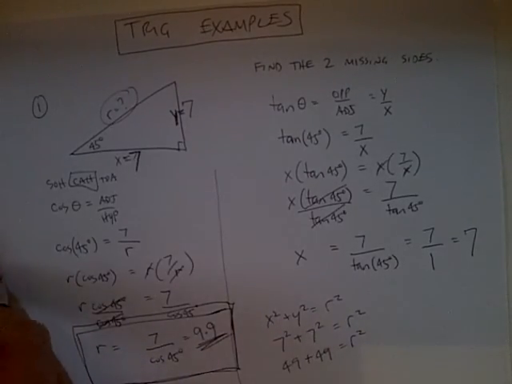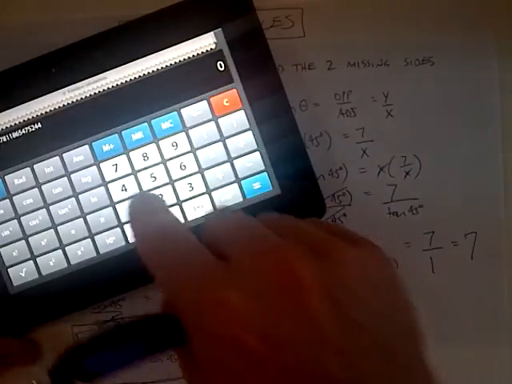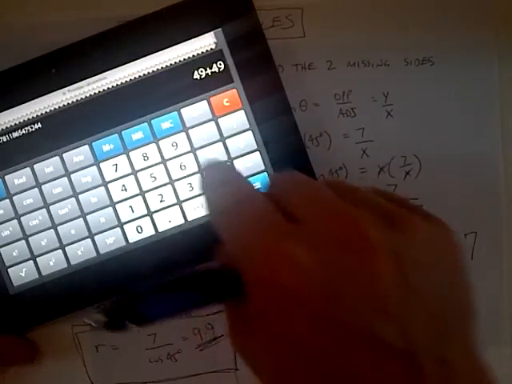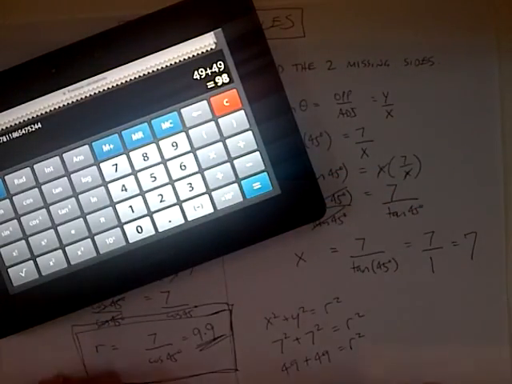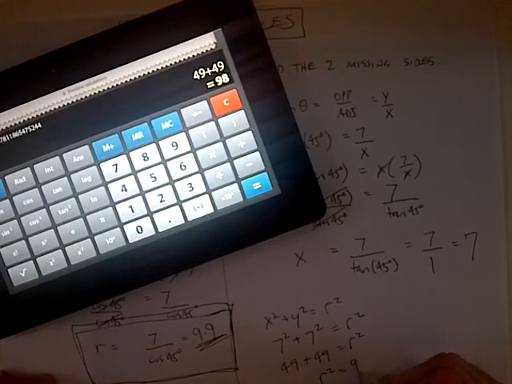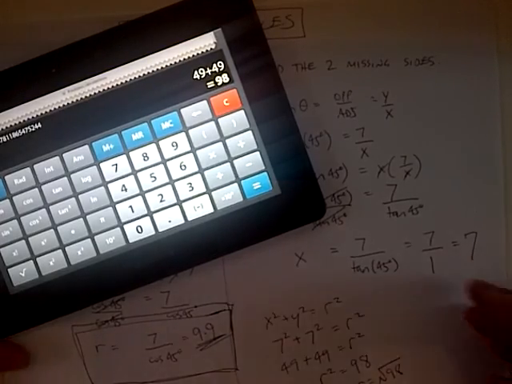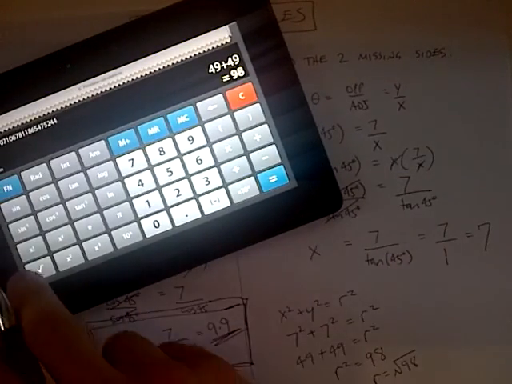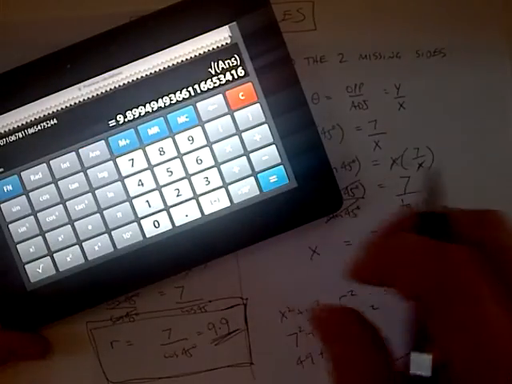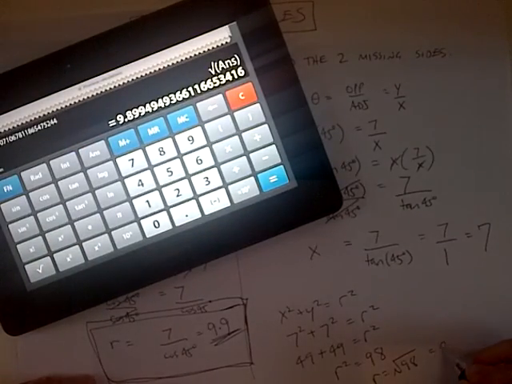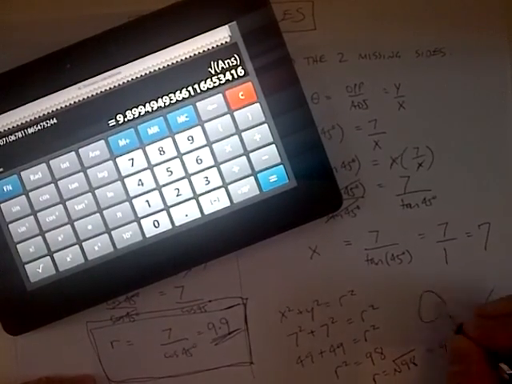So what's 49 plus 49? 98. So r squared equals 98. So then that would mean that r is equal to the square root of 98. So then I say, square root of that is 9.9. Done. It worked.